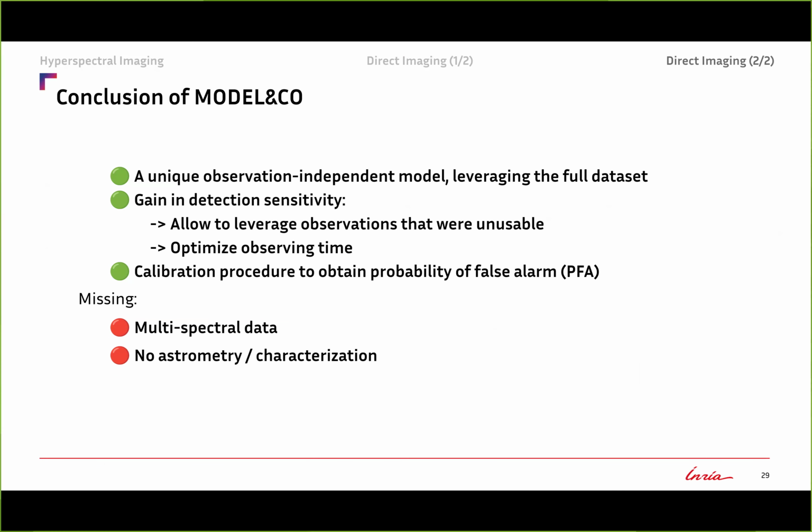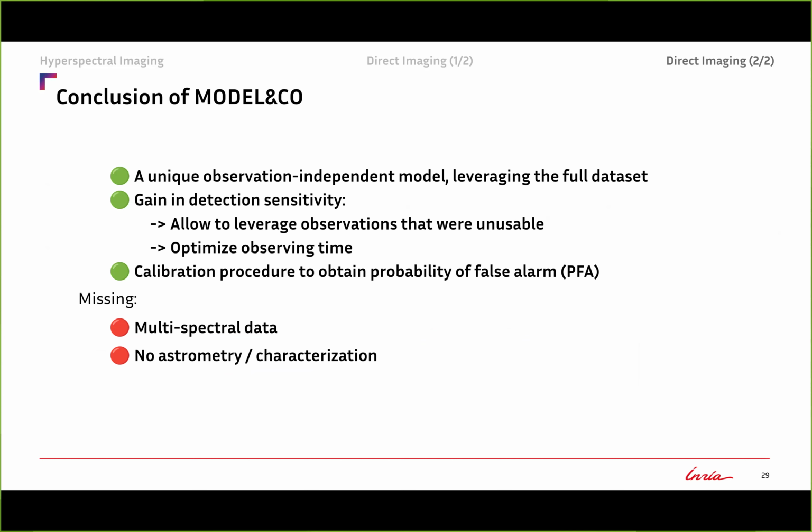Okay. We tried to do astrometry and characterization with Model&CO by basically subtracting the source to minimize the residuals, something that is done also with other methods, but it was not as performant as PACO simply doing that.